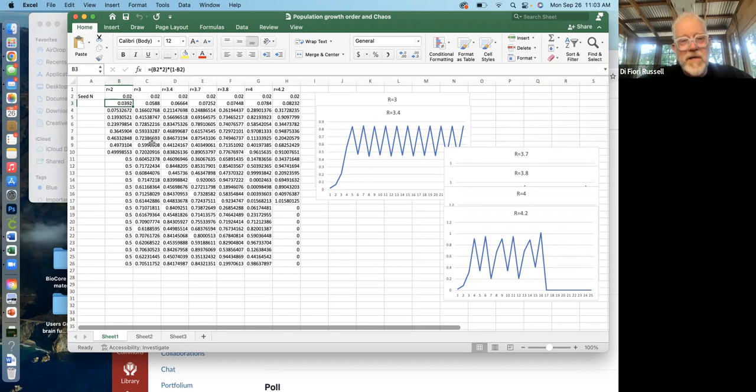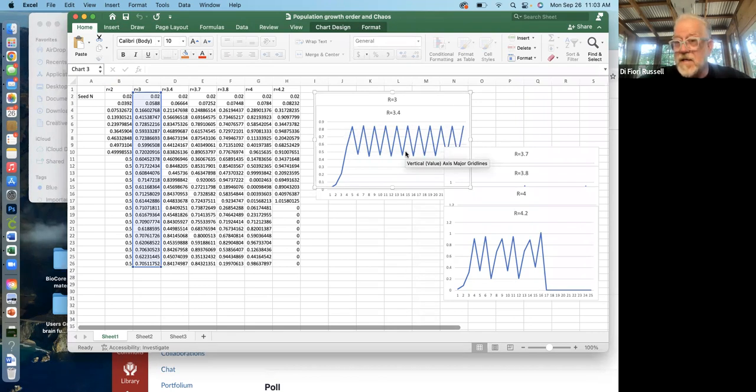If you grow a little faster, R equals 3, you can see in the graph over here, you have this oscillation around a stable point. This is a more complex system, yet still predictable. Given where you're at, it oscillates in a predictable manner. If you look at R equals 3.4, we're still at a stable level.